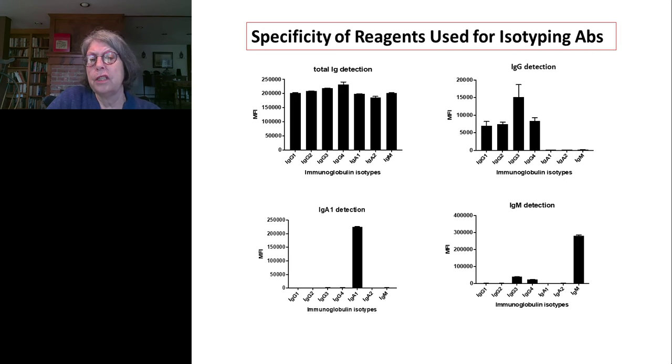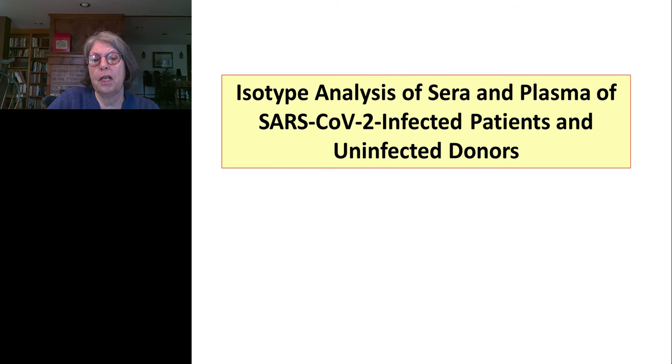So using reagents that were designed and selected for their specificity in the Luminex assay, we went on to analyze the isotypes in serum and plasma of the SARS-CoV-2 infected patients and in uninfected donors.